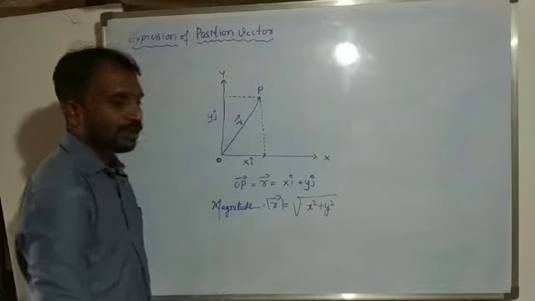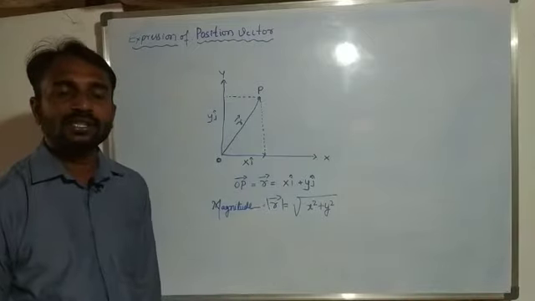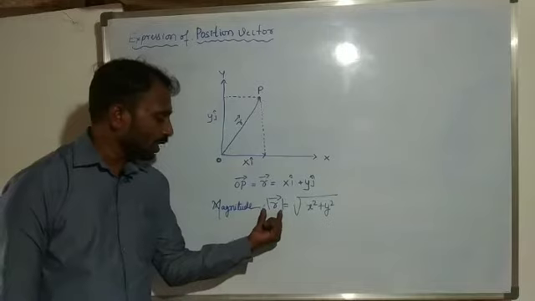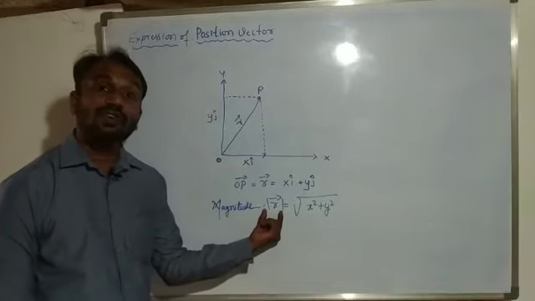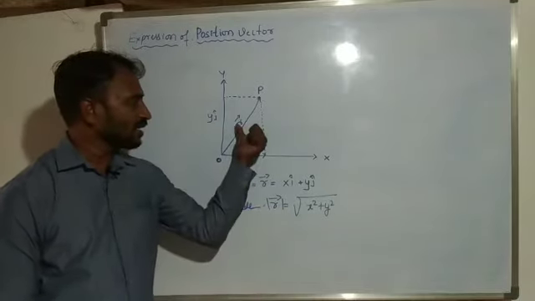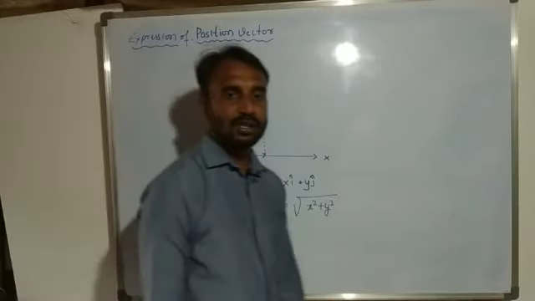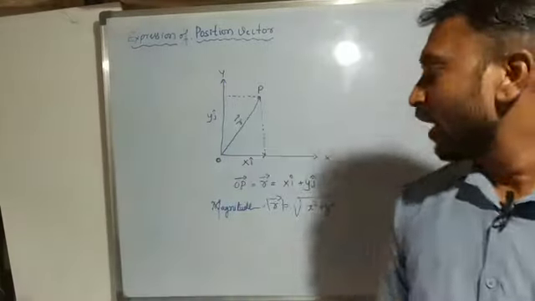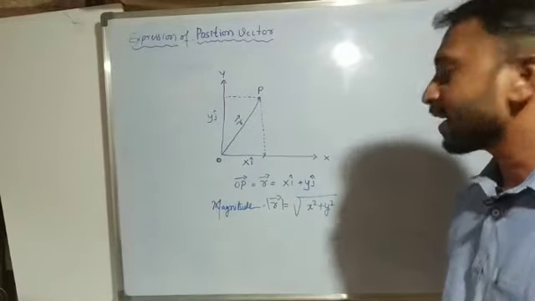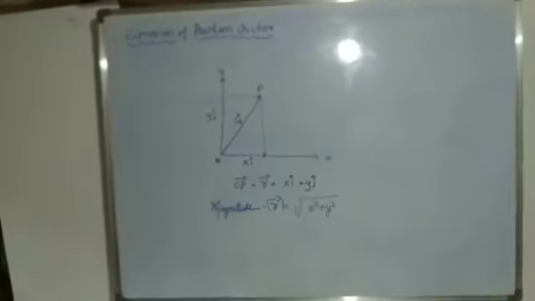Here the modulus of vector R is nothing but the magnitude of a vector. Position vector is R, and modulus of vector R is nothing but a magnitude, whole root of x square plus y square.